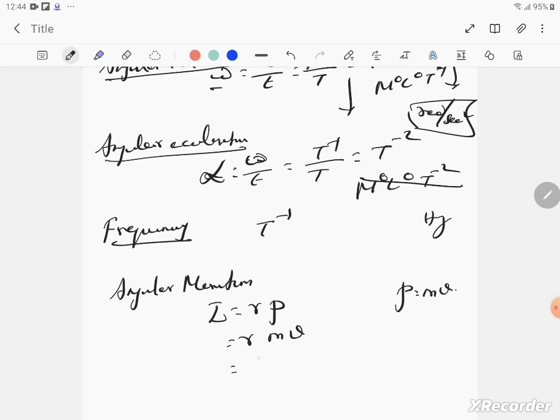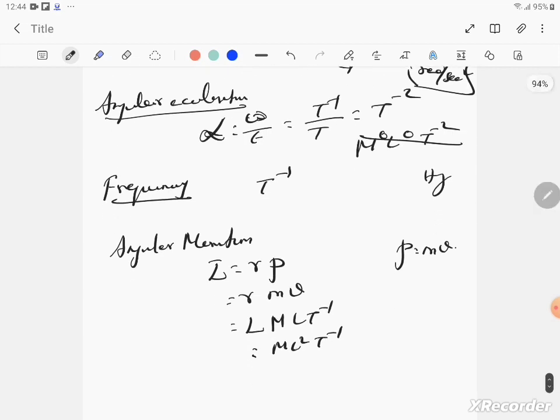For the dimensional formula, r is L, m is m, velocity is L t to the power minus 1. So it's m L square t to the power minus 1, which is angular momentum's dimensional formula.